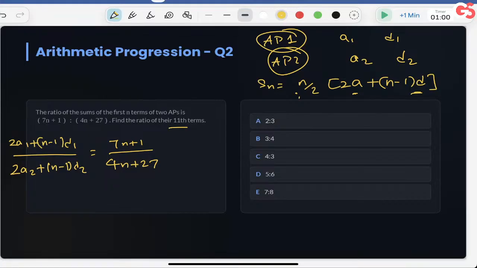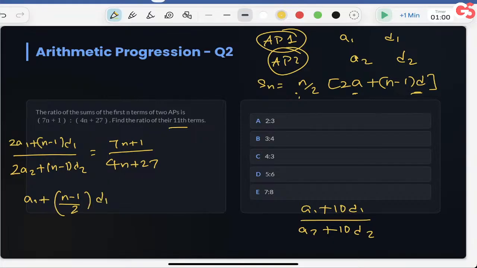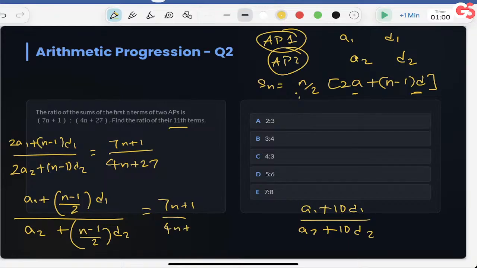The 11th term will be (a1 plus 10d1) upon (a2 plus 10d2), isn't it? Let me divide numerator and denominator by 2. I'll get (a1 plus ((n minus 1) by 2) times d1) upon (a2 plus ((n minus 1) by 2) times d2) equals (7n plus 1) upon (4n plus 27). So somehow I want this.